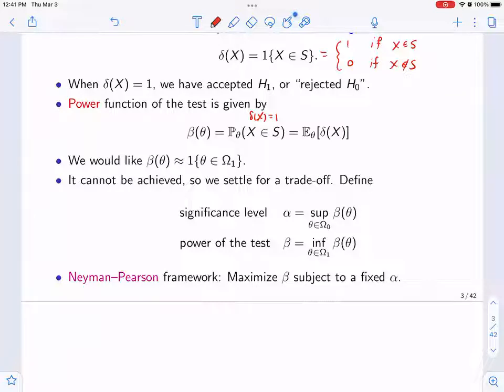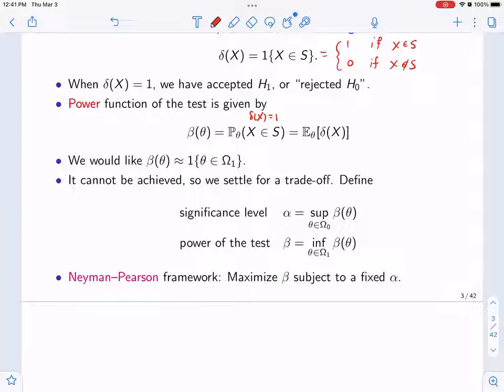If you think about the frequentist interpretation of the power function, it just tells you if you repeat the experiment many times, what fraction of the time you reject.